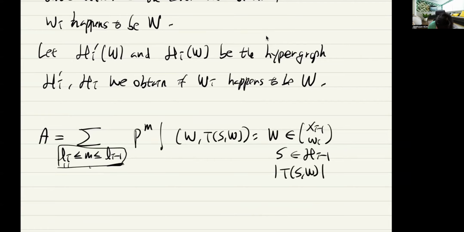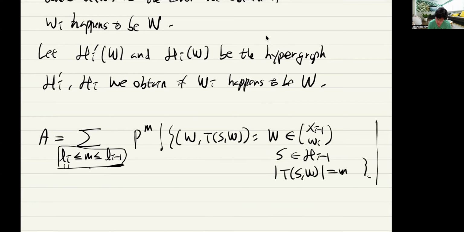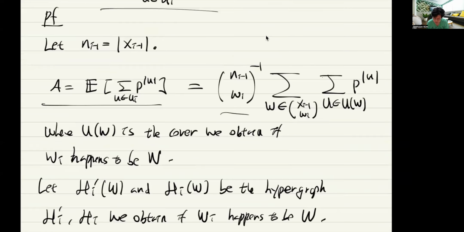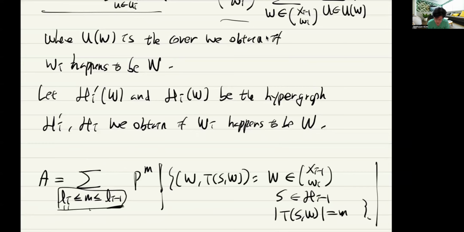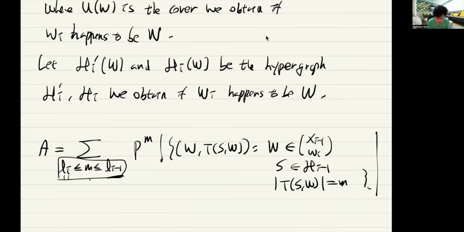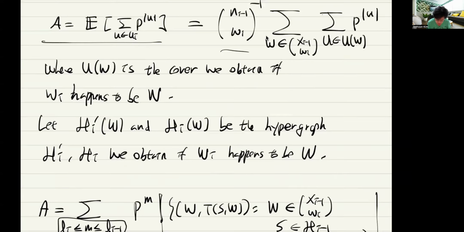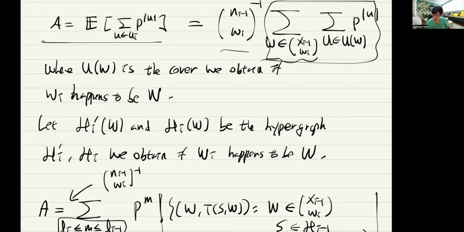And then let's say your minimum fragment has exactly size M. So you count all such cases and you add. And you have to also multiply by n_{i-1} choose Wi together. So here, you consider all W, and then you consider all U, and then here.